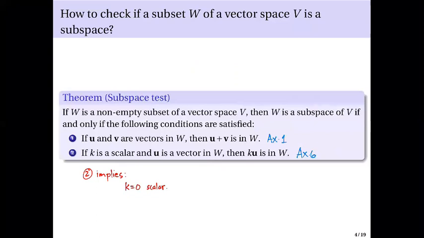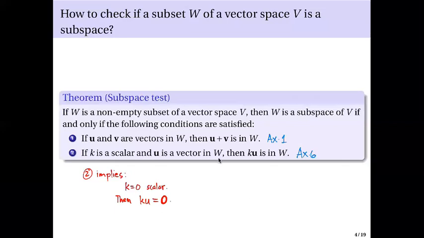Then KU is equal to the 0 vector. So what does this mean?